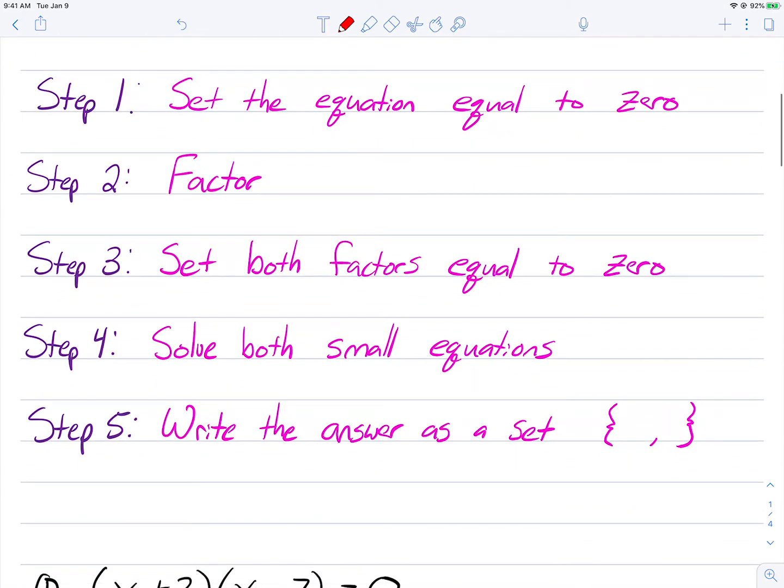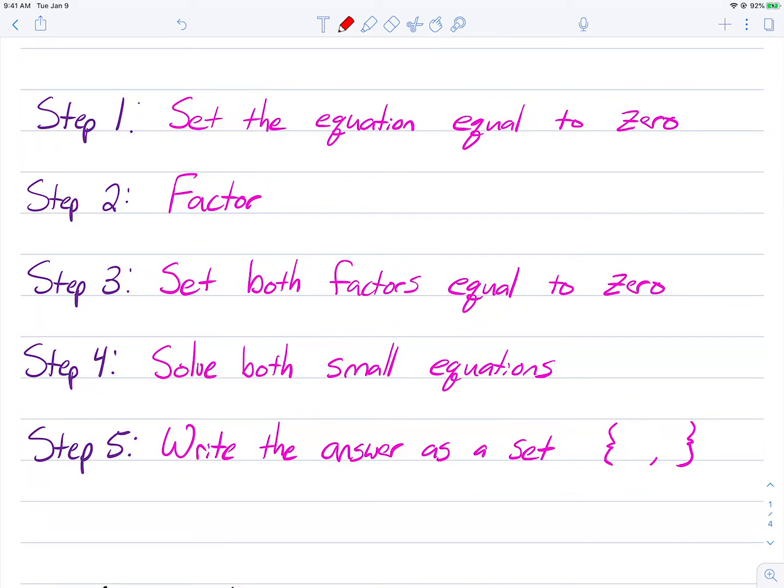So here's the steps that we're going to take, and we're going to go over 4 different problems. Step 1, we're going to set the equation equal to 0. In the situations that we're going to have over the next 2 days, they're already going to say equal 0. Step 2, we're going to factor. So we're going to use our factoring flowchart. Step 3, we're going to set both factors, so we're going to have the two sets of parentheses, both factors equal to 0.